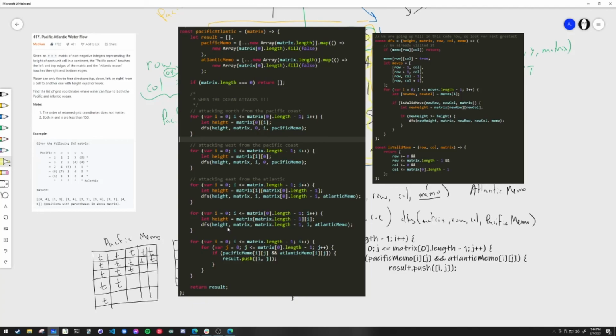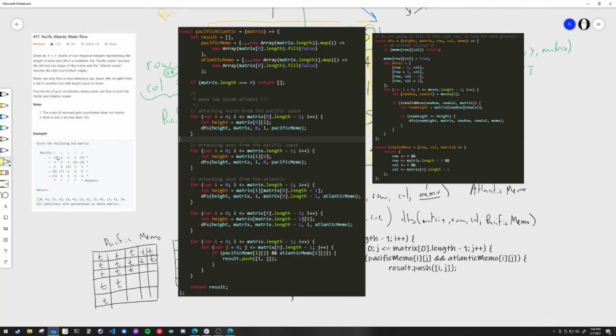Wait, hold on. I'm not registering. What's the height? First for loop. What's the height again? The height is the value at row 0, index i. So that's whatever number's in there. Like over here on the left where it says Pacific, row 0 column 0 is 1, right?